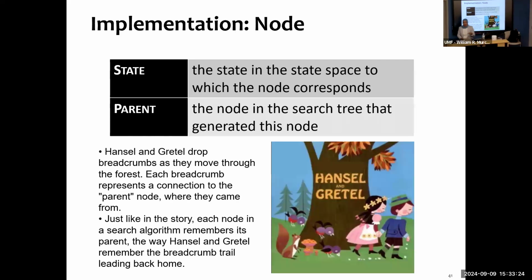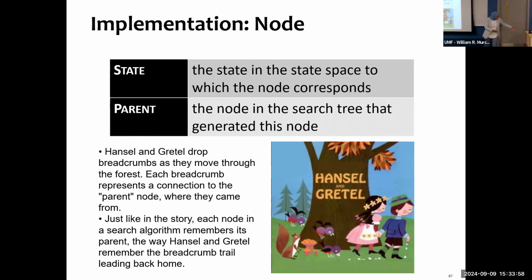The second thing, I need to keep track of the parent, which is the node in the search tree that generated this node. And here I'm reminded of the story of these 2 guys, Hansel and Gretel. They are the 2 famous children that went from their house to the forest, and each time they were throwing pieces of bread, breadcrumbs, in order to track the way back to their house.